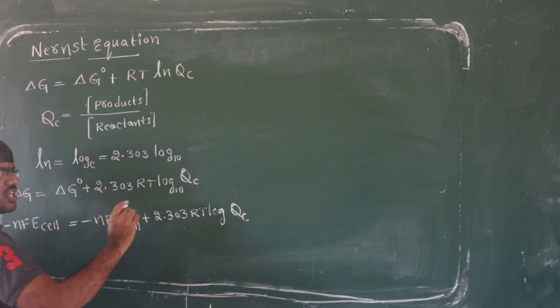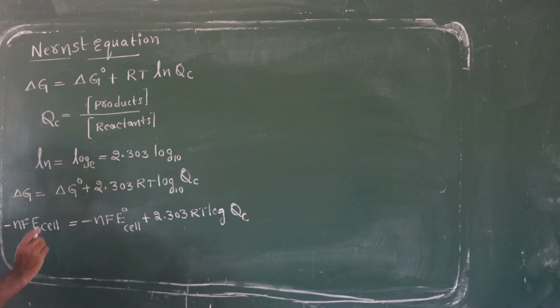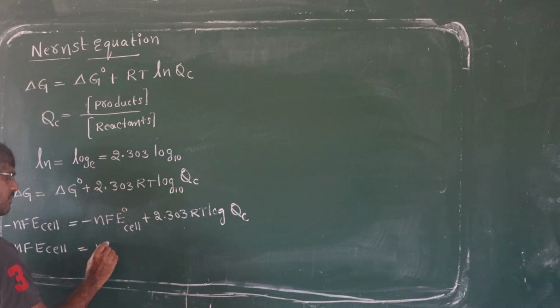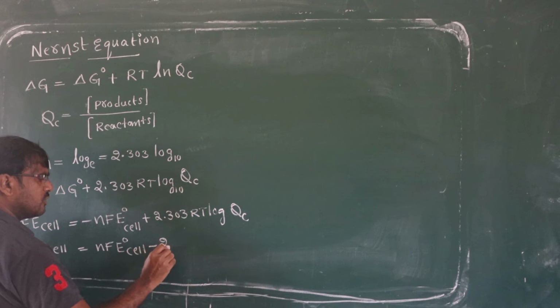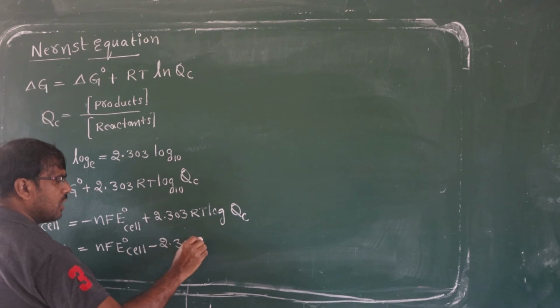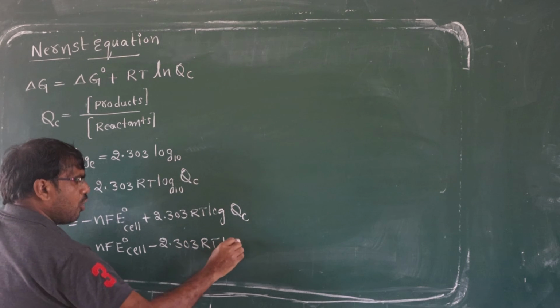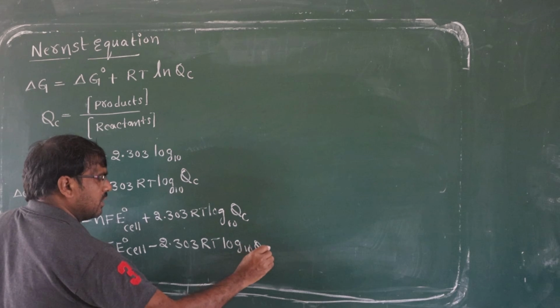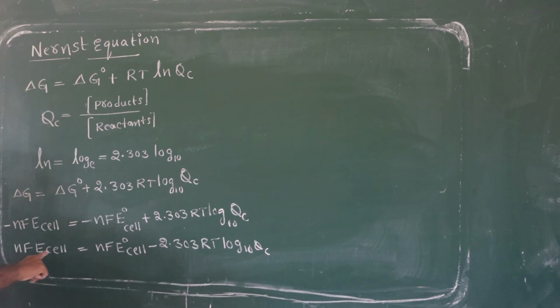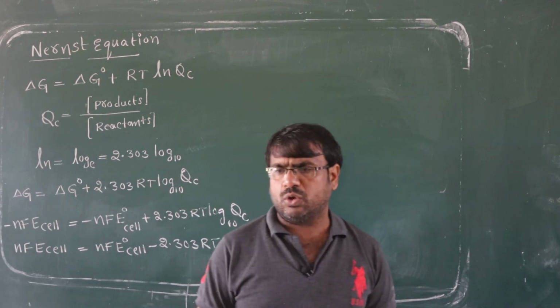Now, if this equation is multiplied by minus, what will we get? nF E cell is equal to nF E naught cell minus 2.303 RT log Qc.